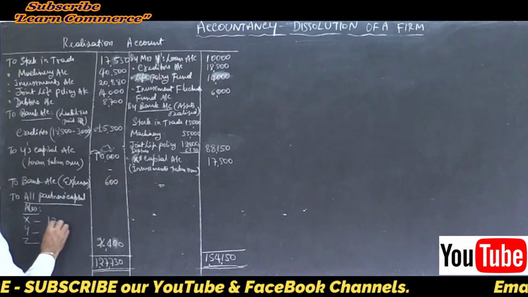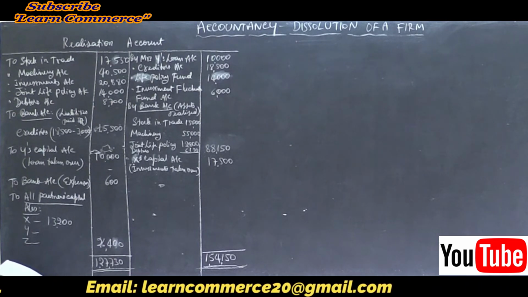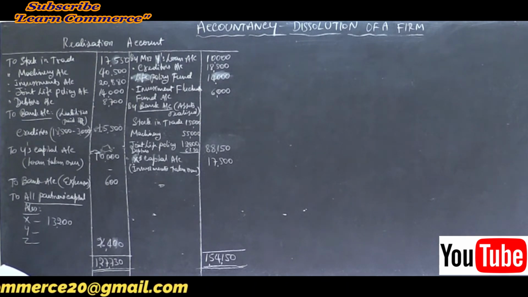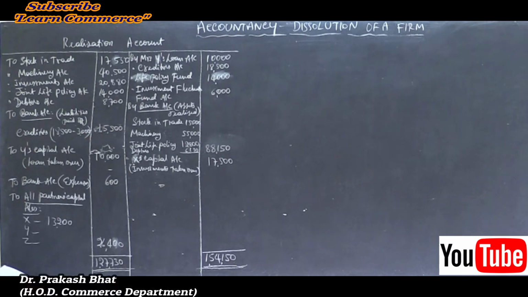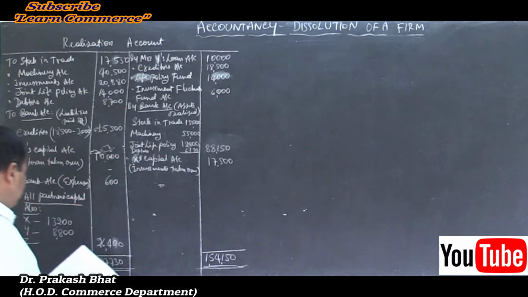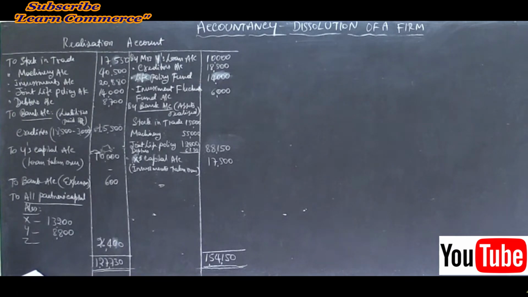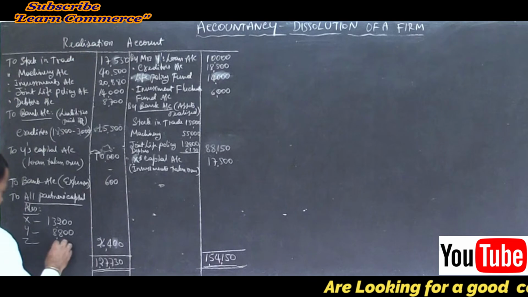13,200. Then Y, how much? 26,400 into 2 by 6. 8,800. And Z, 4,400, I think. 3:2:1 is their ratio. So 26,400 into 1 by 6. 4,400, yes it is.